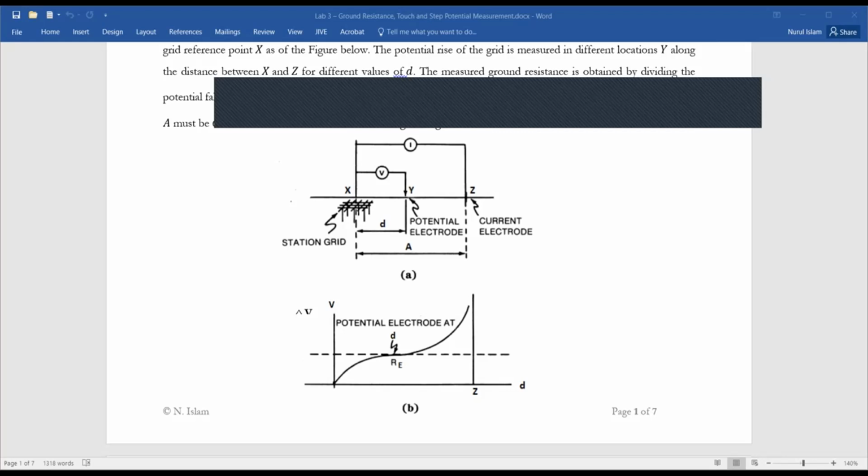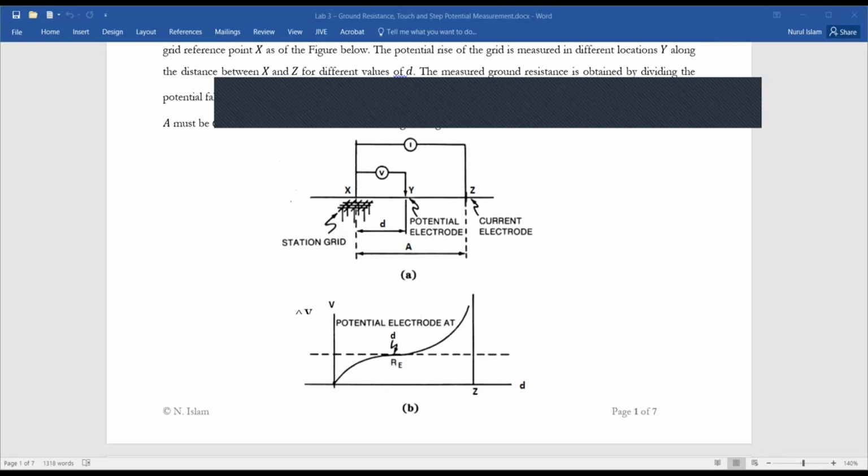Here is the auxiliary electrode we are driving into the soil, and it is connected to this reference point. We're injecting current through this electrode, and the current will go back to its source through the soil, and will be collected by this grounding grid, which will provide this current to the neutral of our transformer.